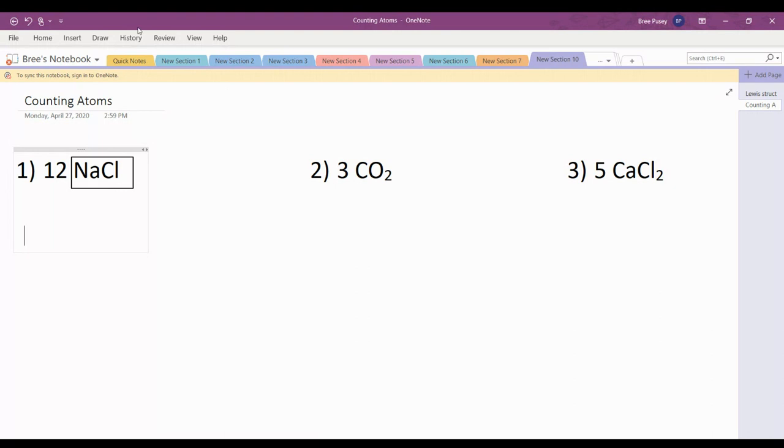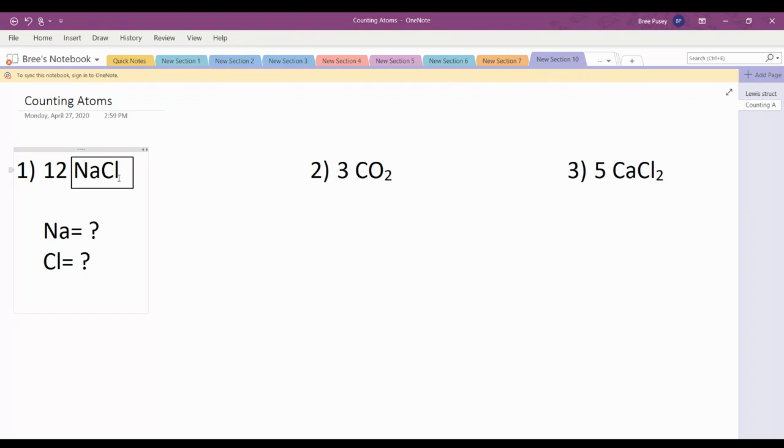So what that means is I need to figure out how much Na there is and how much Cl there is, because those are the 2 elements I have here. The reason I know that is because I see Na, a capital N, lowercase a, and then I see Cl, a capital C, lowercase l.